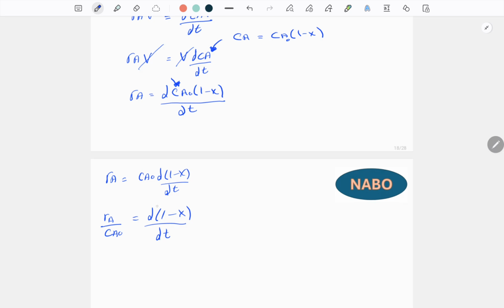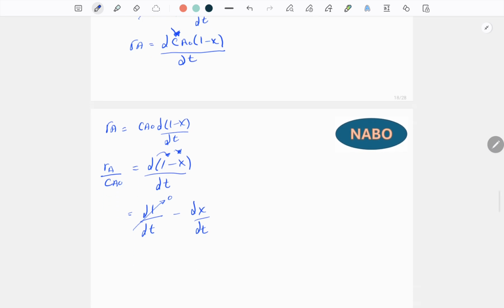Now we need to differentiate each of these terms inside the bracket separately. Okay, so differential of 1 over dt minus differential of x over dt. Differential of 1 is 0.